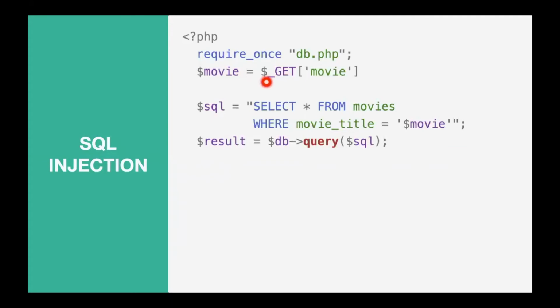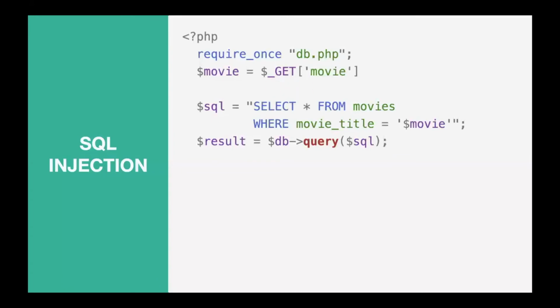So we have a query string that is getting the movie from the URL, and we're storing it to the variable movie. Then we write a query: select star from movies where movie title equals the movie. By the way, this is all valid. This code will all run, and result will have a value that contains the movie we requested.